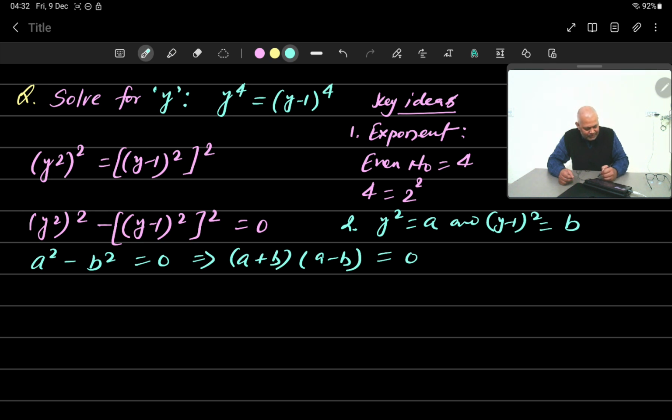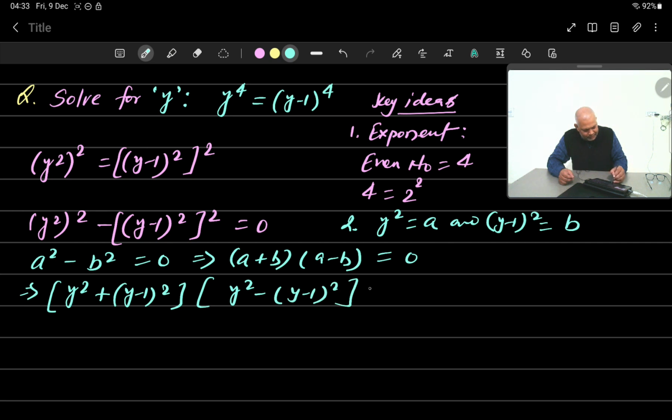At the place of a you can write y square, so this is (y square plus (y minus 1) whole square) times (y square minus (y minus 1) square) equals 0.